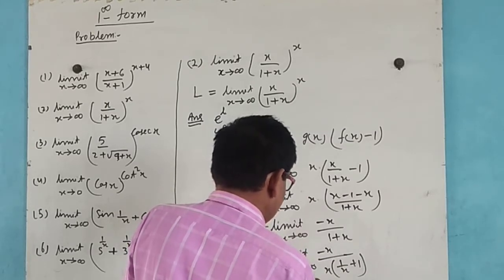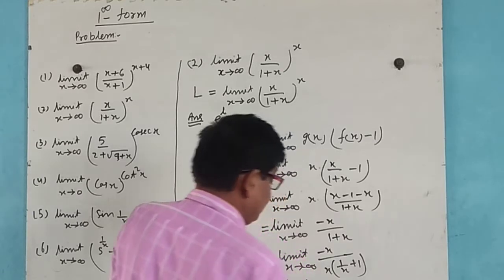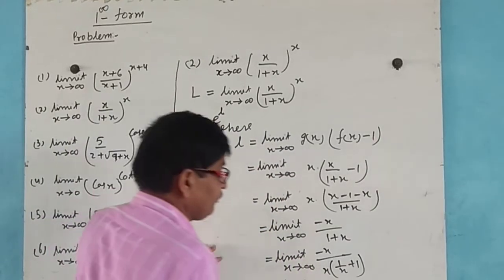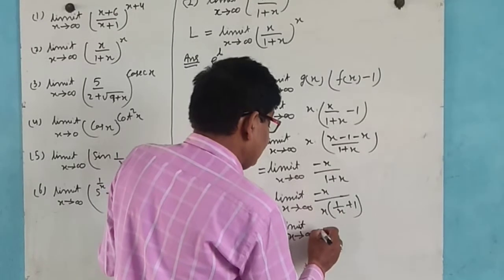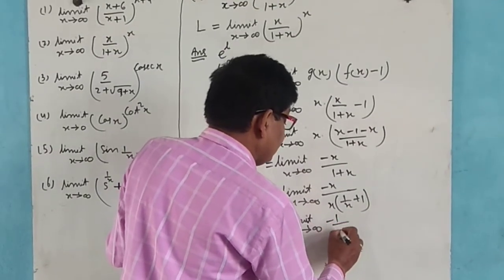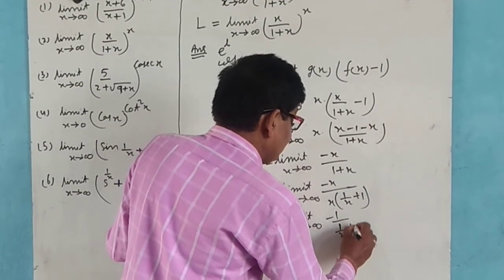Limit x tends to infinity, now this is removed, minus 1 by (1 by x plus 1).